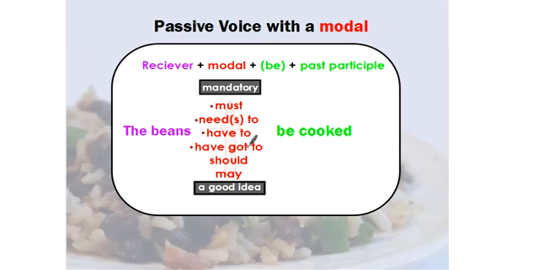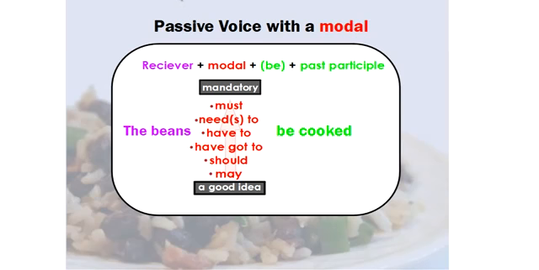Those are all very mandatory, like an obligation, like you do not have a choice, right? But I also have should and may, and those are more like a good idea. So we have different options to express ourselves and what we want to emphasize and the way we want to emphasize it. But remember, the passive voice uses the receiver first, then the modal, then be, and the past participle.